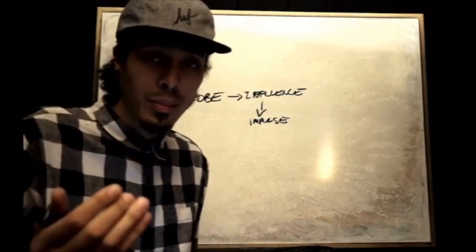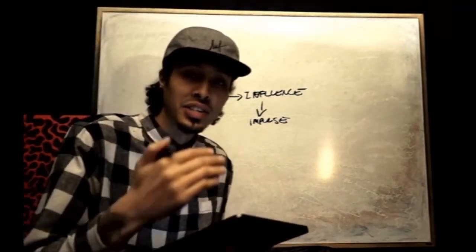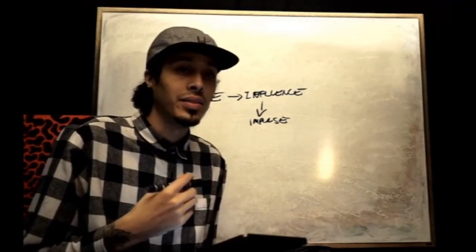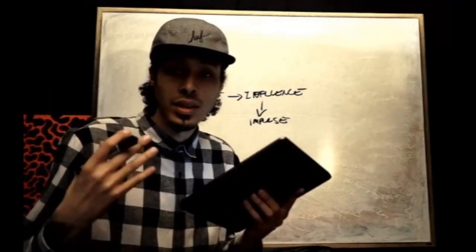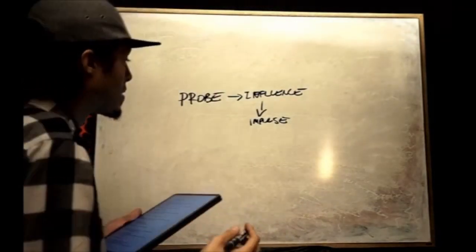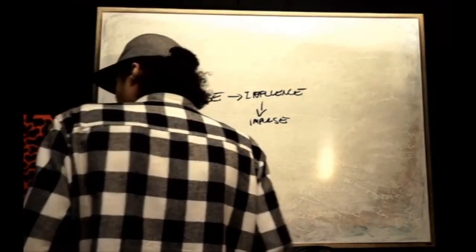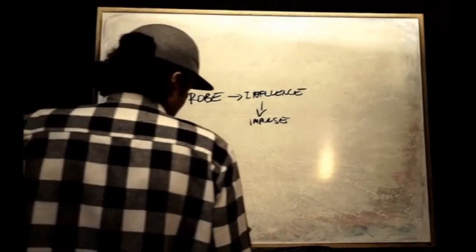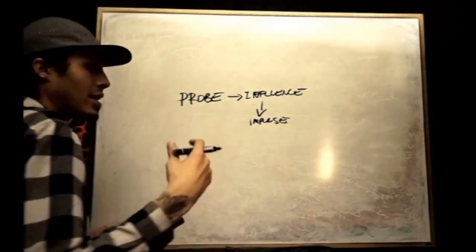The impulse is like an energetic phenomenon, okay? It has to be interpreted by the processing intelligences within your mind and in your body. So the impulse is not perceived directly. The impulse has to be kind of translated.